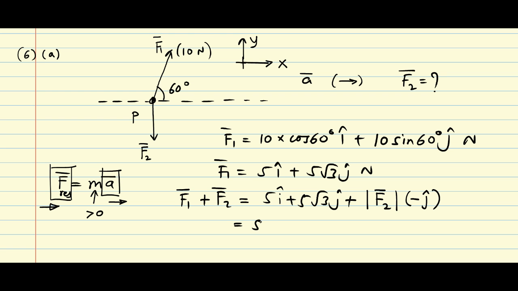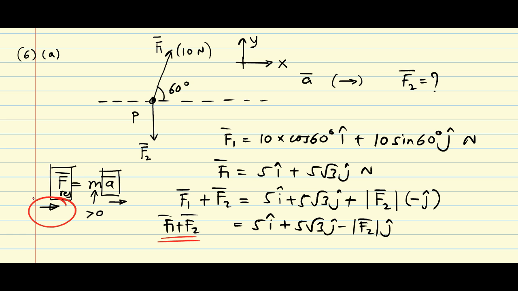So I'll just express it in some other way: 5 i cap plus 5 root 3 j cap minus mod F2 bar times j cap is F1 bar plus F2 bar. Remember, it has been indirectly mentioned that this F1 bar plus F2 bar is in the rightward direction. We just proved it over here.